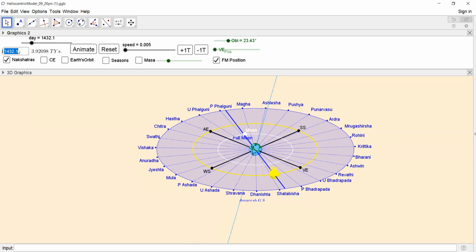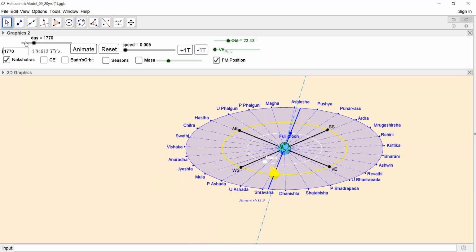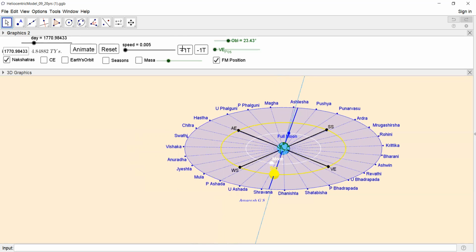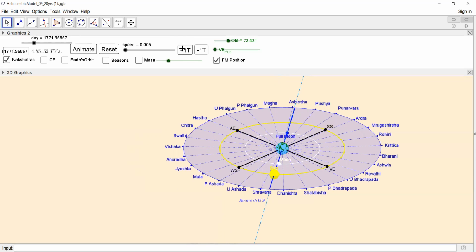So if we want to go to the end of the 5th lunar year, that would amount to 354 days times 5, which comes to 1770 days. We'll make that small required correction. And this is the end of the 5th lunar year.